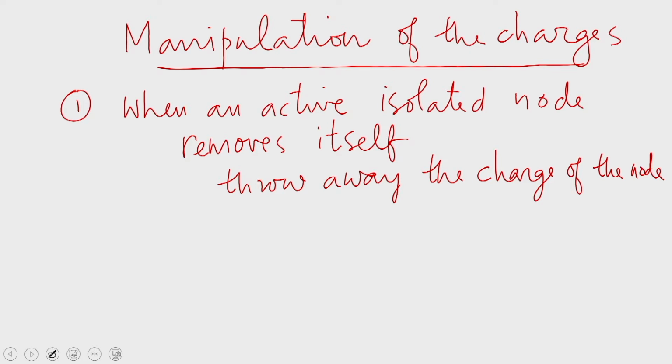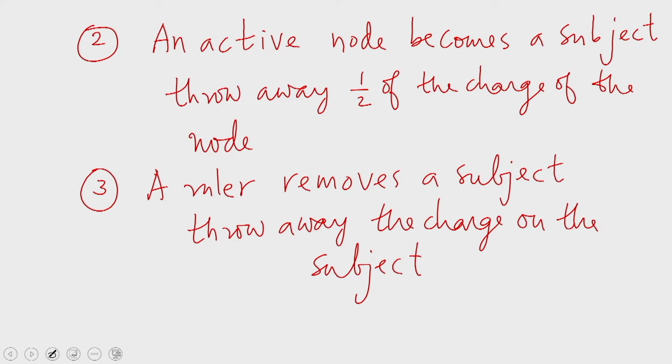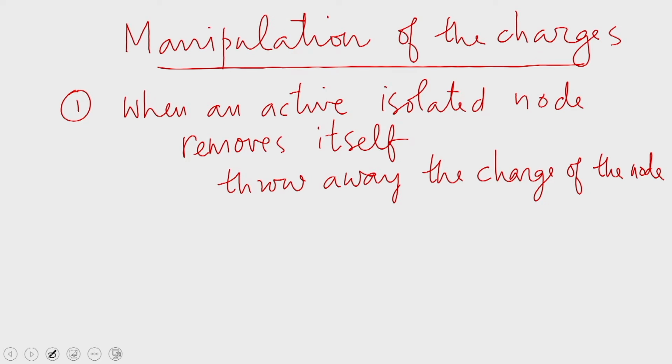The first is when an active isolated node removes itself. At this point, we throw away the charge on that node entirely at one go. But if an active node becomes a subject and then later on gets removed by a ruler, the charge on that node will be removed in two steps. First, when it becomes a subject, half of the charge will be thrown away. Later, when it is removed, the remaining half of the charge will also be thrown away. So, this is how we manipulate the charges that we place on the list initially.